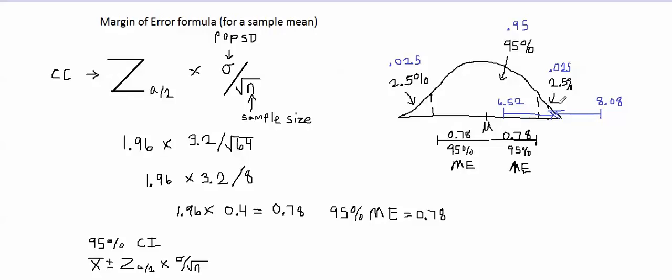Now, like I said, I'm probably not going to repeat my study over and over again. I'm probably just going to do it once. So I'm probably just going to select one sample and create one confidence interval. And I have to basically hope that my sample comes from this middle area, and that my interval ends up being a success.